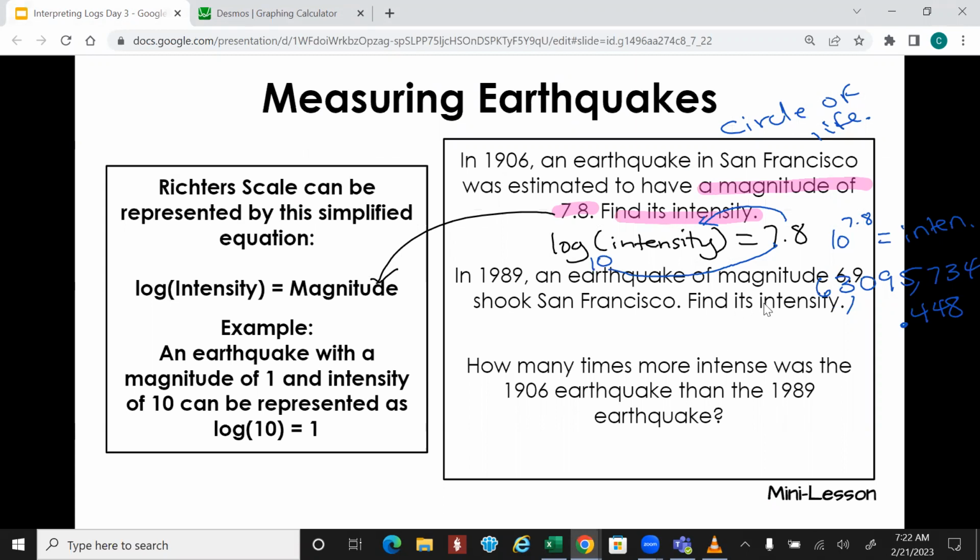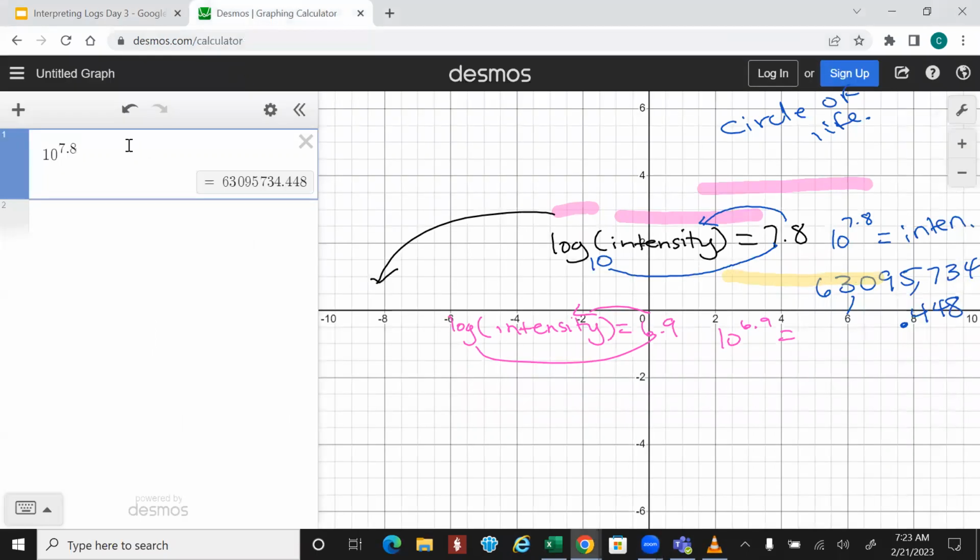Can you find the intensity of the next one? Take a second, try that one. Okay, so you should have set this up: log of intensity equals 6.9. And then if we're wanting to solve, we're going to use the circle of life. So 10 raised to the 6.9. So if we go in here, we type in 10 raised to the 6.9.